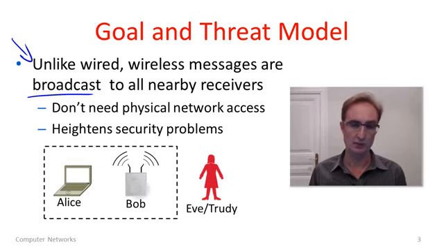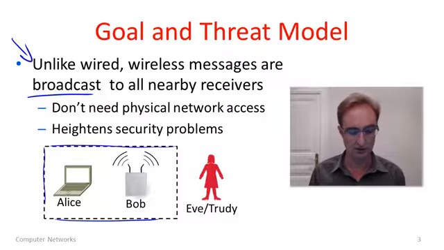Here in the figure we have Alice and Bob communicating using a wireless network, and the dotted line means that they're inside some building. Maybe it's your home apartment. Now, Trudy and Eve are outside this apartment. If this were a wired network, they would not directly have access.